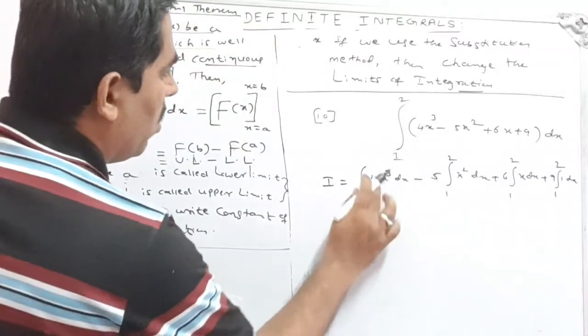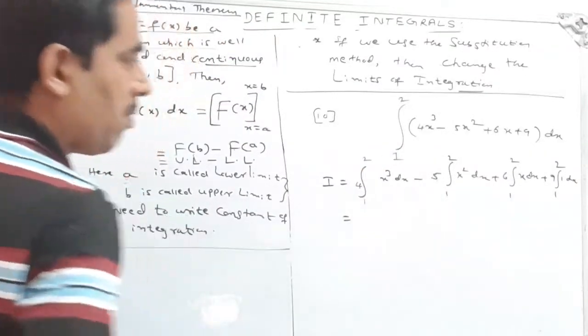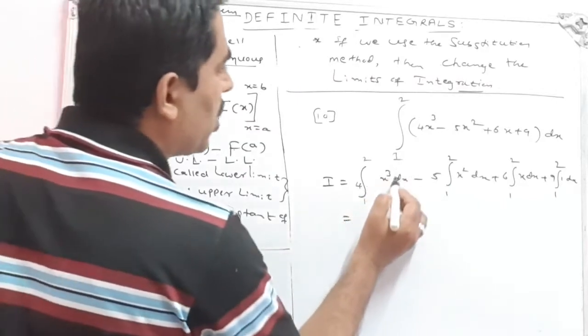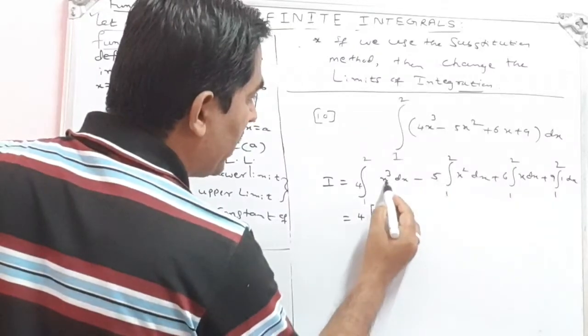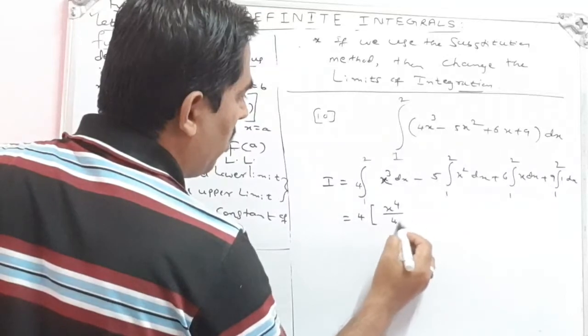So 4 into integration of x cube, use the power rule, x to the power of 4 by 4.